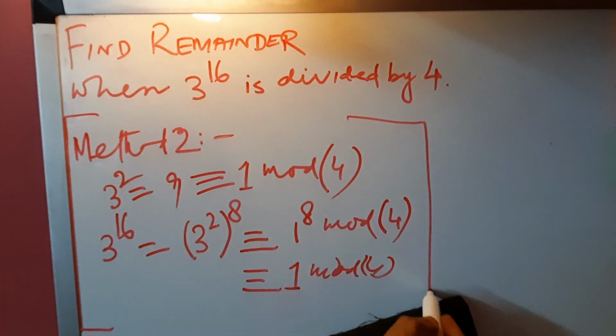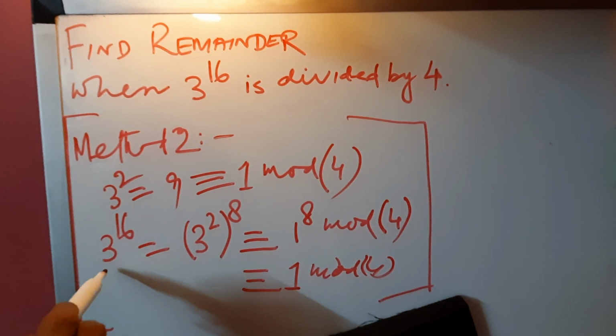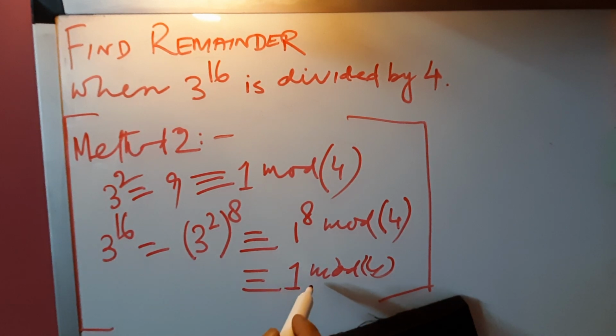So we can prove in this way that if 3 to the power 16 is divided by 4, then the remainder value will be 1, and mathematically we can write 3 to the power 16 equals 1 mod 4. So this is the answer.